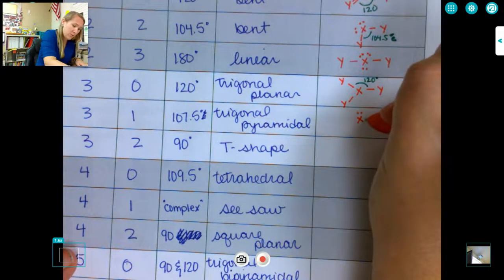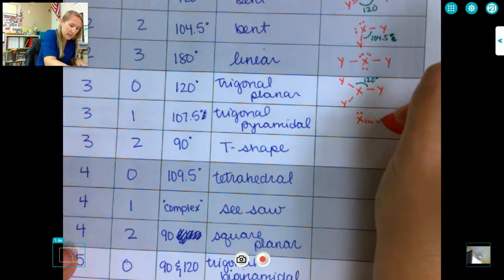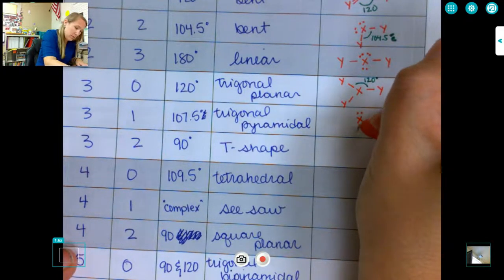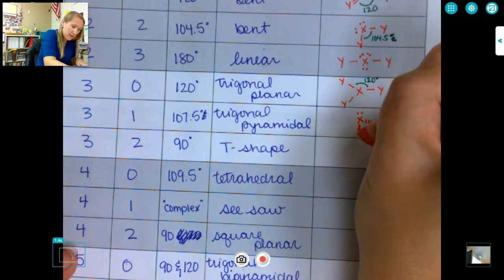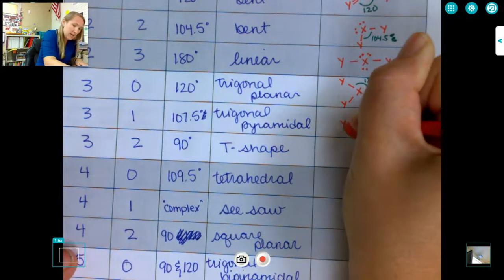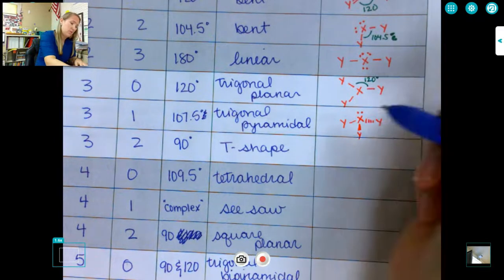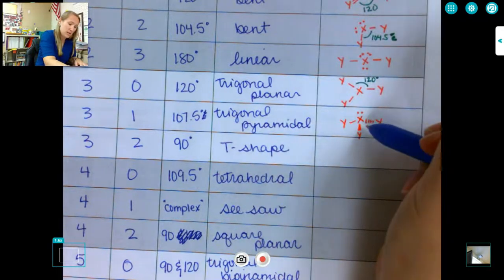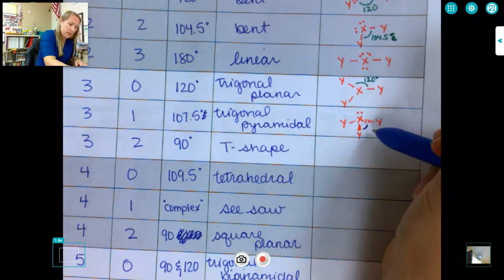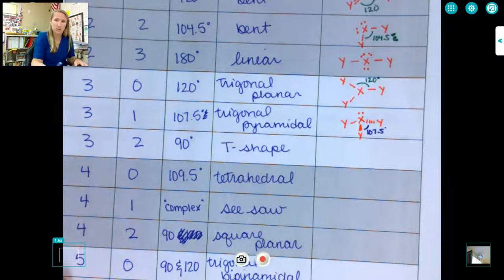And now I'm going to have one of these going back into the page, one of these coming forward at me, one coming off to the side, and they make that little pyramid of bonded atoms down and my lone pair hanging out on the top. Now, I'm no longer taking up 120 degrees. This is smaller. This is my 107.5 degree angle here between my bonds.